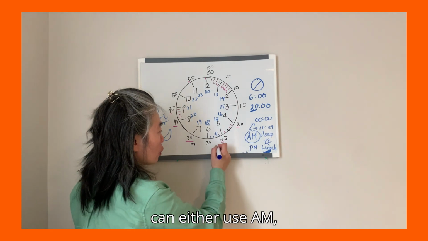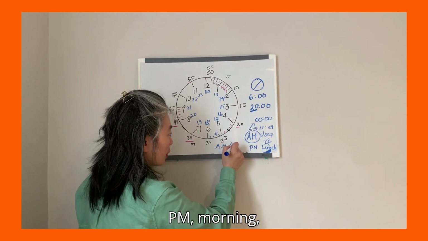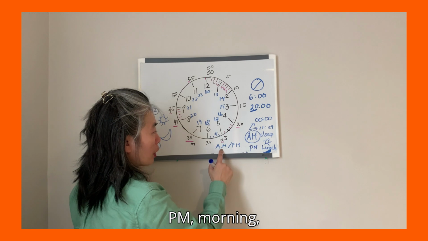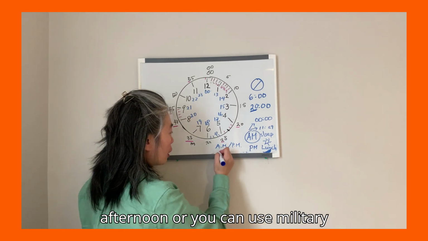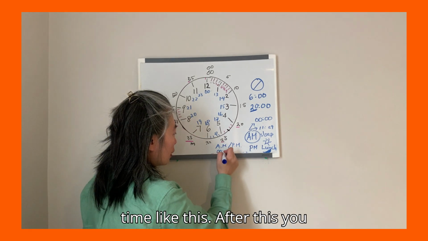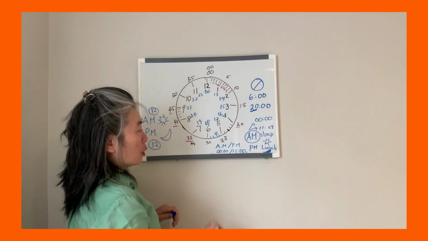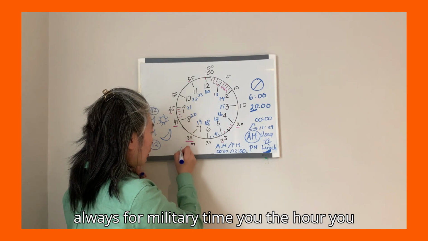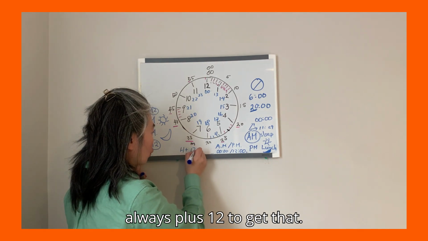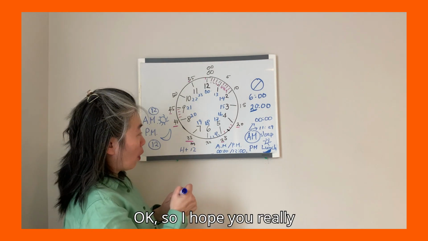You can either use AM, PM, morning, afternoon, or you can use military time like this. For military time, you always add 12 to the hour to get that, okay?